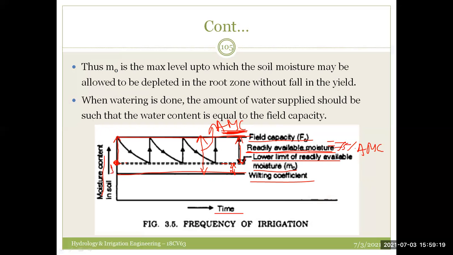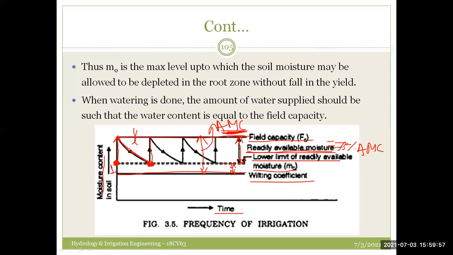Once the plants start using the water, the moisture content starts decreasing like this, you can see the graph, and it will reach the lower limit of readily available moisture, M0, the dotted line. So once it reaches M0, what do you have to do? You have to do the irrigation once again.